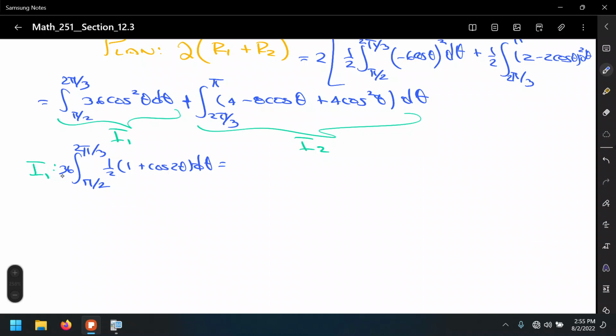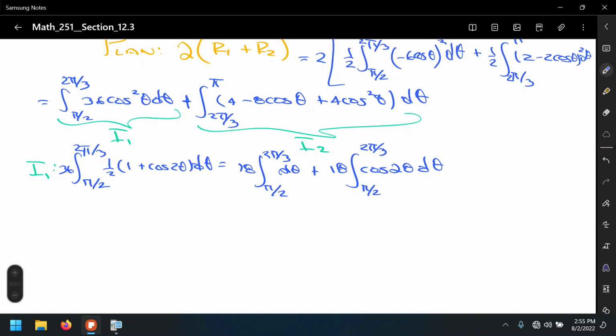That's going to be equal to 36 over 2, which is 18, integral from pi over 2 to 2 pi over 3 of 1, or just d theta, plus 18 integral of cosine 2 theta d theta.